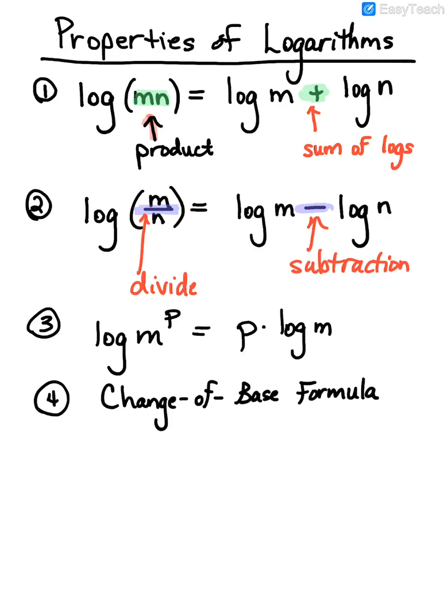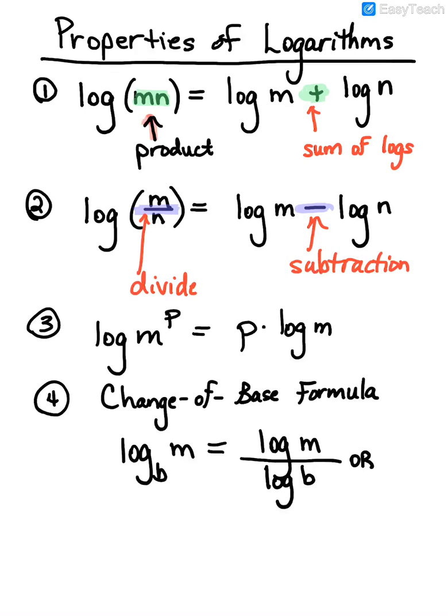And so what this says is if you have the logarithm of some base b of some term m, and if your calculator does not have a logarithm key that would allow you to punch in any base other than 10 or e, then this formula says you can take the log base 10 of m and divide it by the log base 10 of b, or if you want to use your natural log key, you can take the natural log of m divided by the natural log of b.